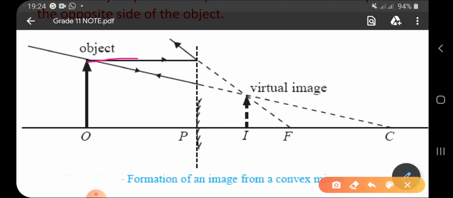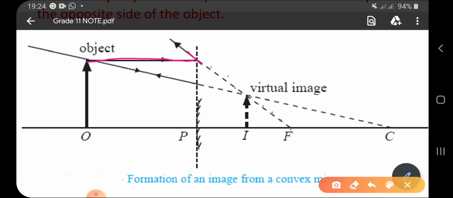If I draw this, this is the object. The light rays which move parallel towards the principal axis will be reflected as if coming from the focal point.